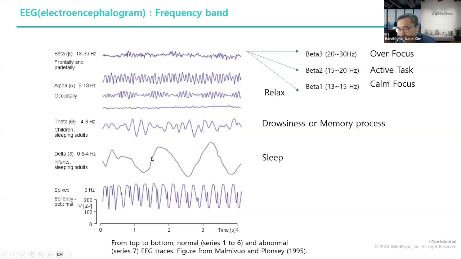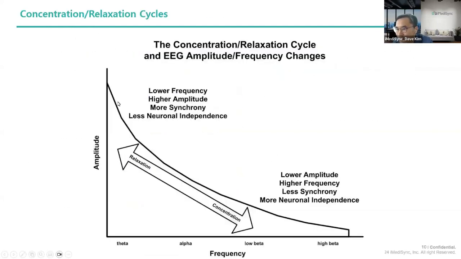The delta and theta decrease as children develop, and alpha eventually starts to increase. That's the age-related change of this rhythm dynamics, the rhythm development. We can understand this kind of EEG rhythm using frequency and amplitude charts.